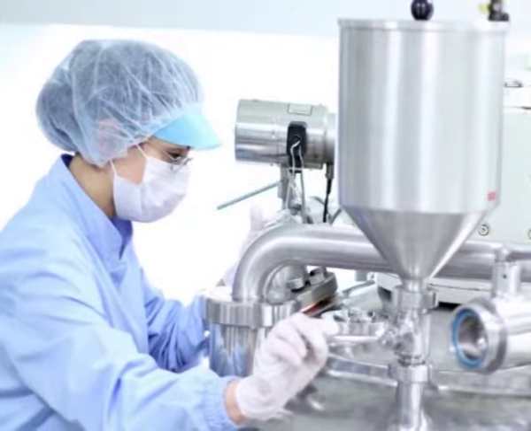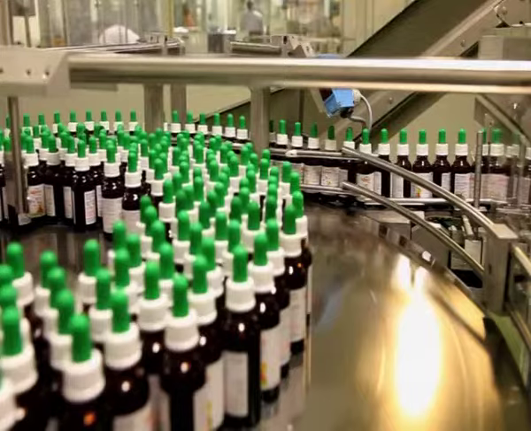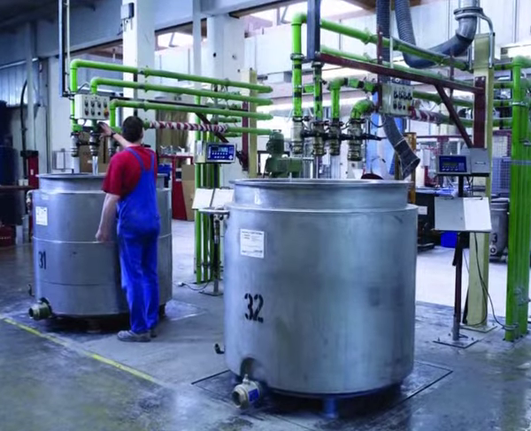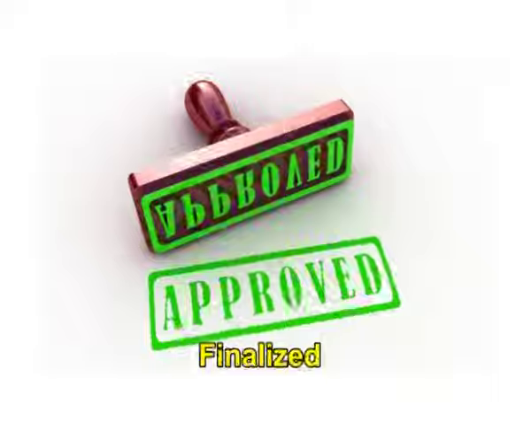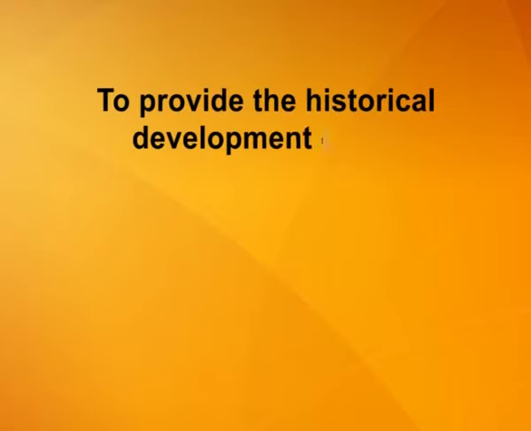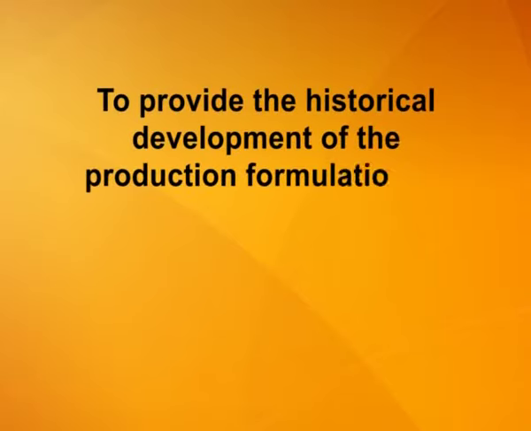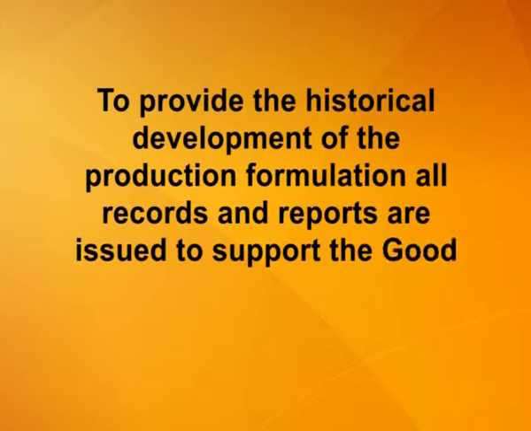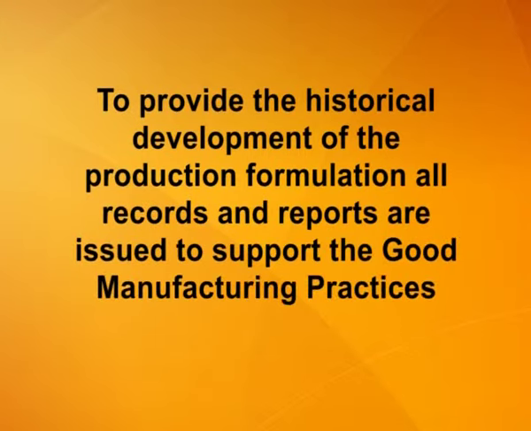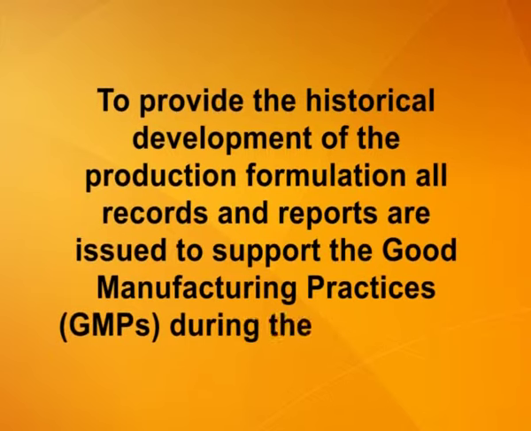During the scale-up, efforts in the pilot plant, production and process controls are evaluated, validated and finalized. To provide the historical development of the production formulation, all the records and reports are issued to support good manufacturing practices, that is GMP, during the actual production.